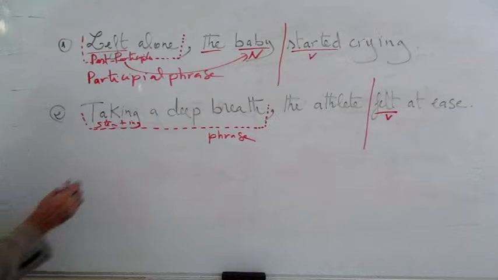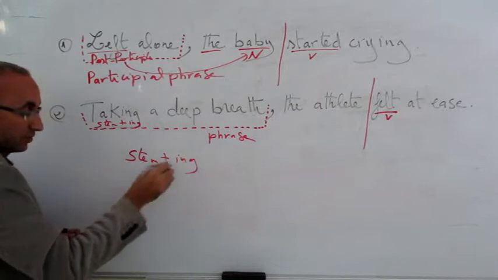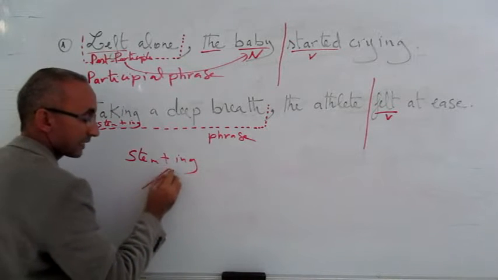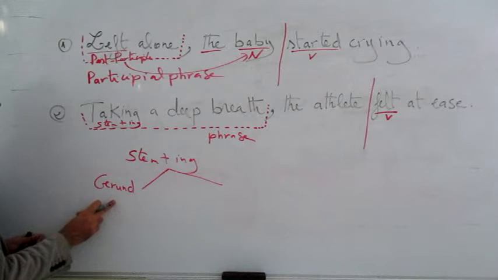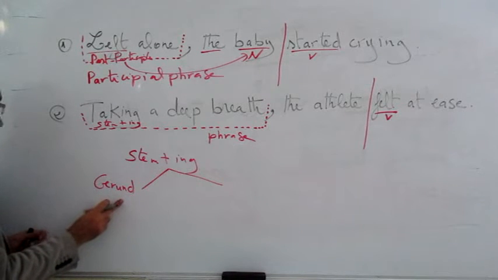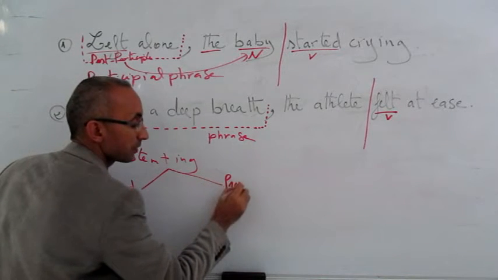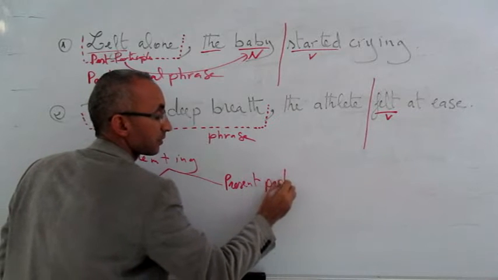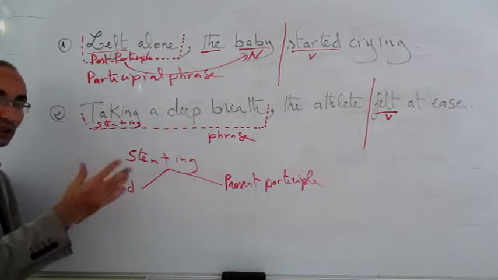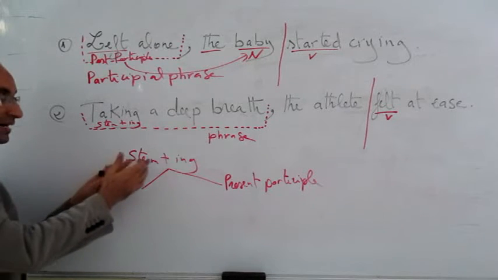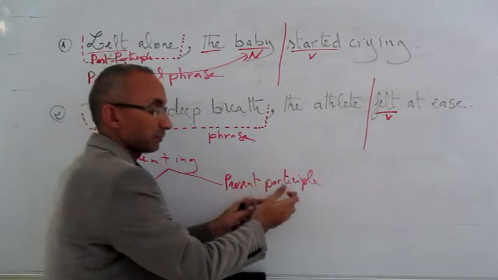Now we note in English the form stem plus ing refers either to what? A gerund: going, coming, playing, dancing, and so on. Or it can refer to what we call a present participle. Now, what is the difference between stem ing as a gerund and stem ing as a present participle?